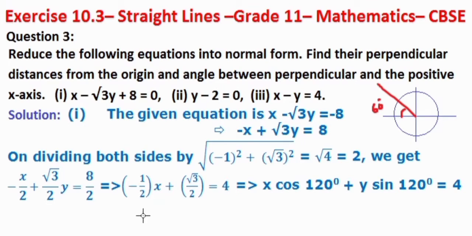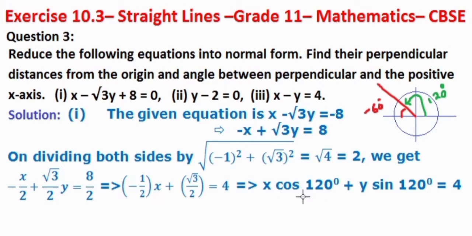So cos is negative and sin is positive. It means we get the second quadrant. You see here, this is the first quadrant, this is the second quadrant, third quadrant, fourth quadrant. In the second quadrant, cos is negative, sin is positive. Then 60 degrees. Negative 60 degrees means clockwise direction. In the anti-clockwise direction, it will be 120 degrees.